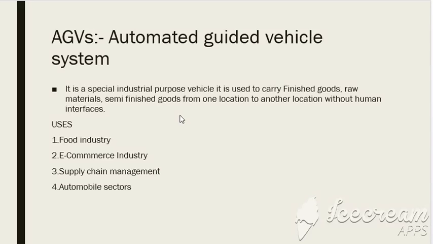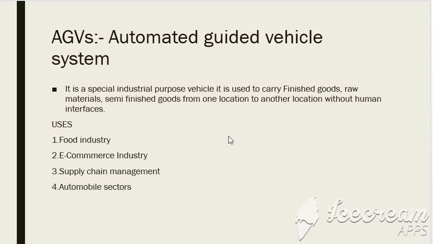It uses magnetic tapes, wires, sensors, optical sensors and virtual sensors to travel from one place to another, and the path is predetermined in a software module. Some AGV systems use radio control, where the operator sitting far away from the AGV can control the AGVs by setting the predetermined path on his control module.